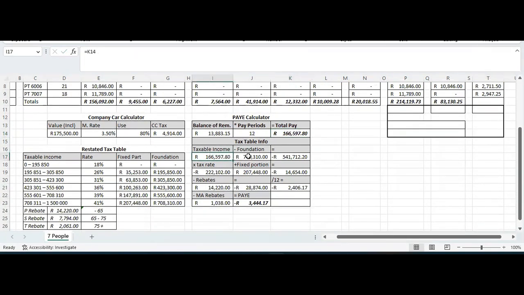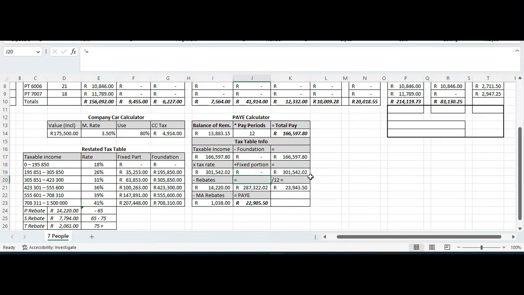In his case, it's way less than the 195 again, so there will be no foundation. His tax rate will be only 18%, not 41%. And there is no fixed portion in his case either.